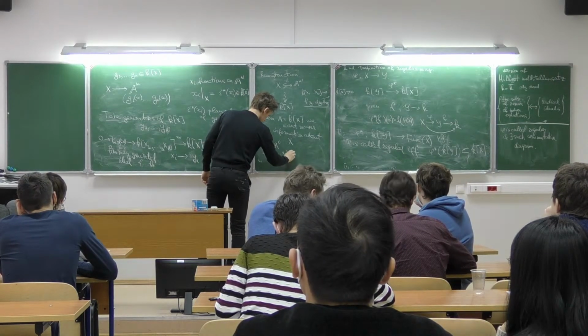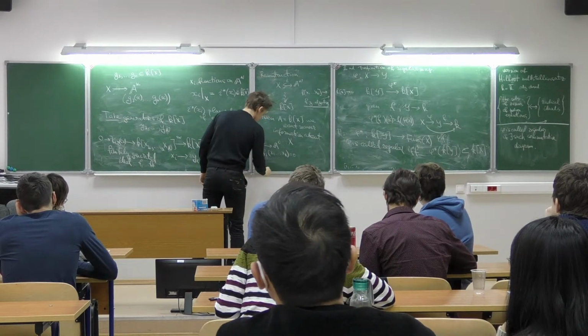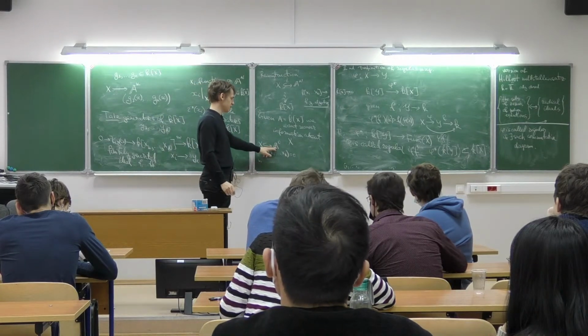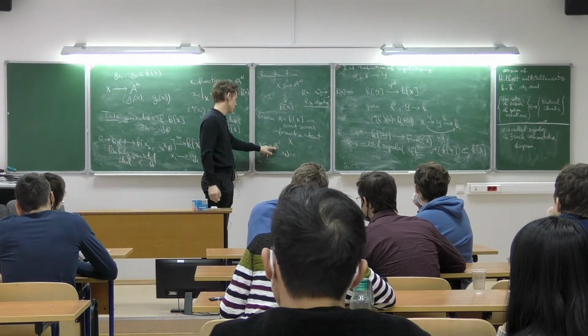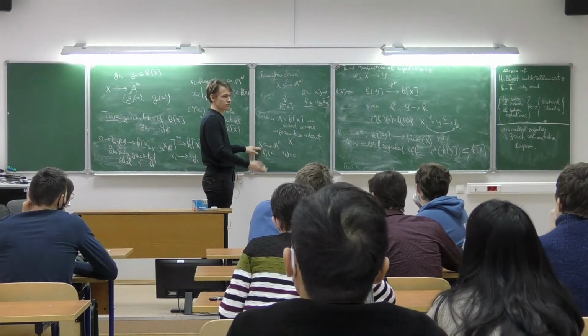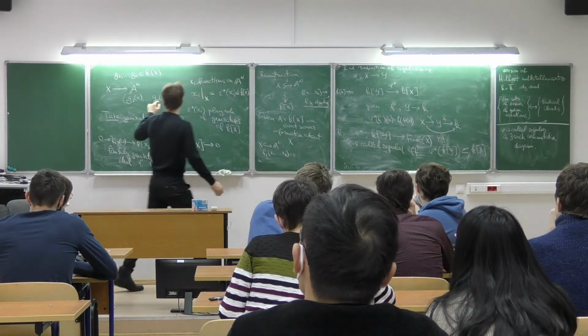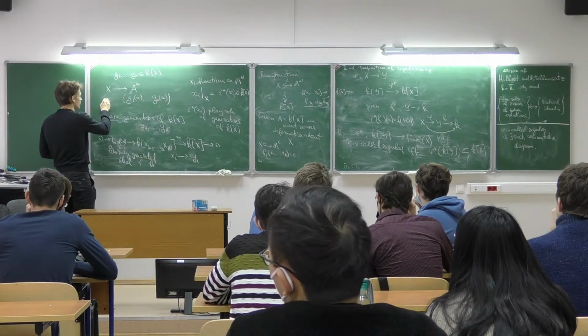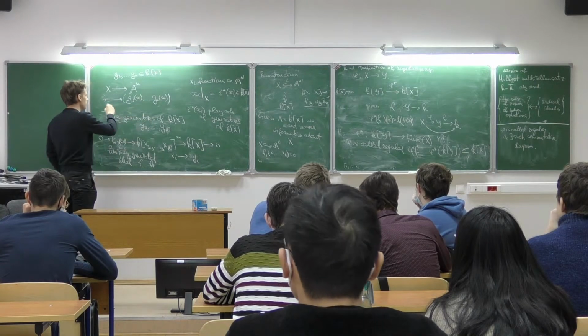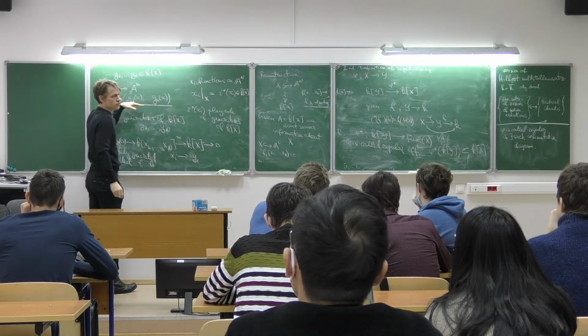Do you mean that the kernel should be precisely the functions that vanish after restriction to X? Yes. And this map from X to affine space is in general given by this formula: you just take the values of the functions.